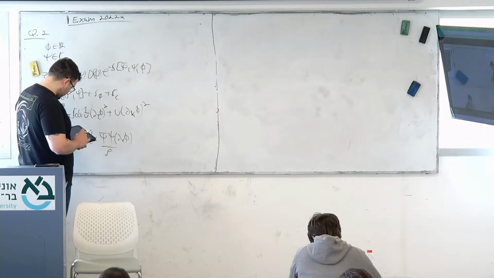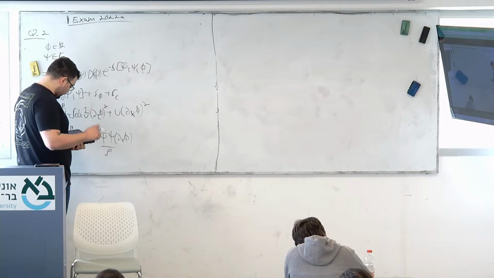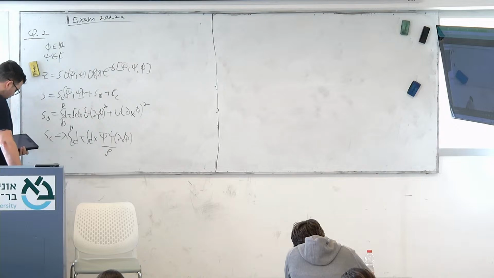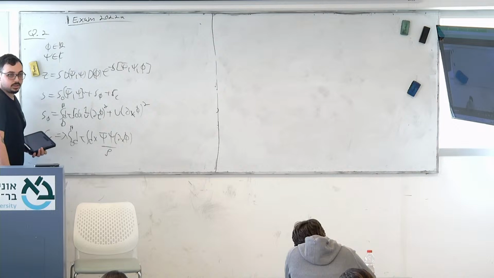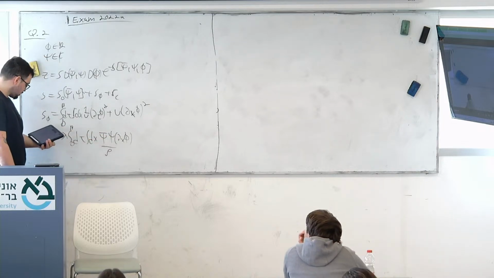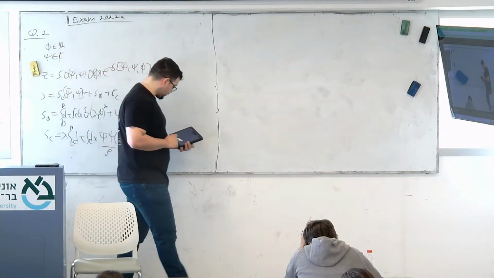So we want to Fourier transform these two actions, and then we want to find the representation of rho q using psi q. That's the first part of the question.